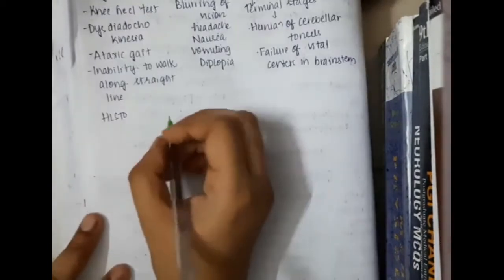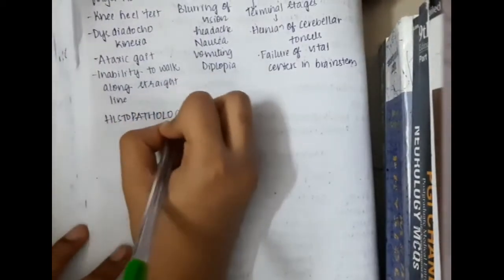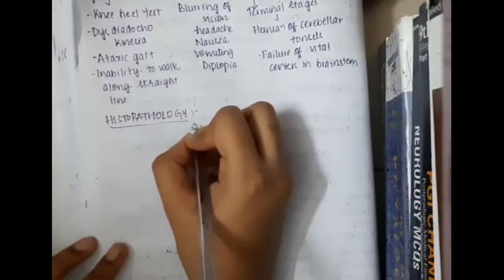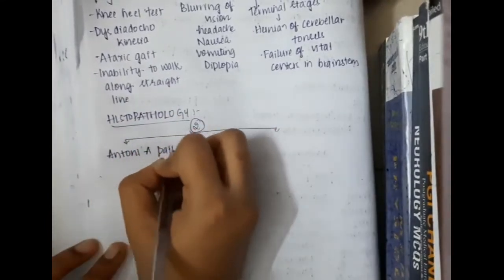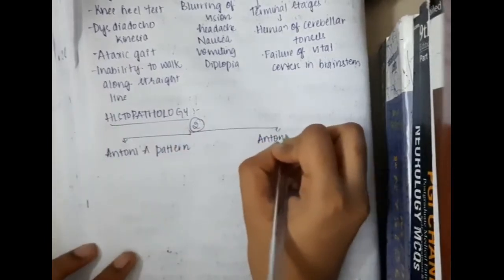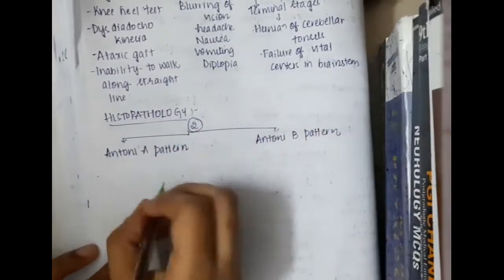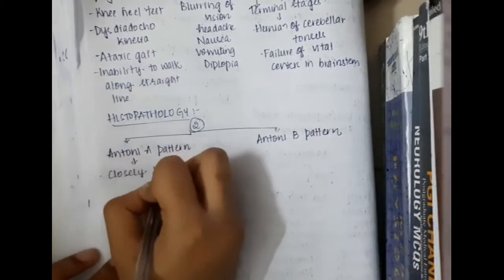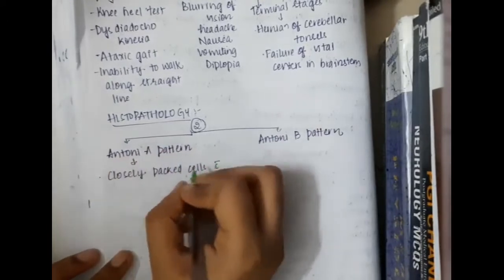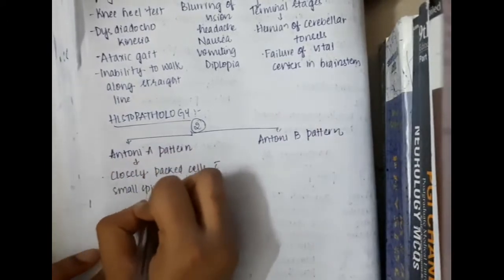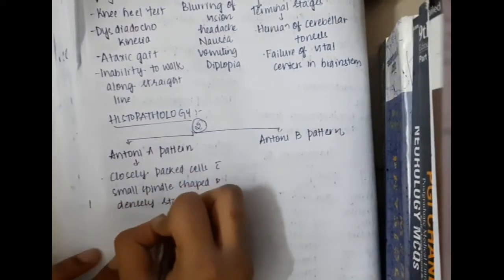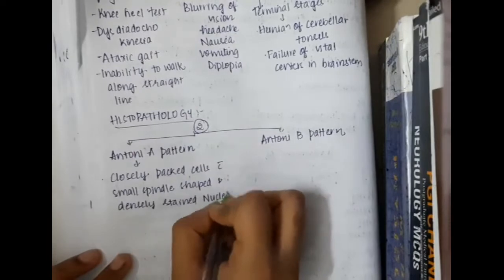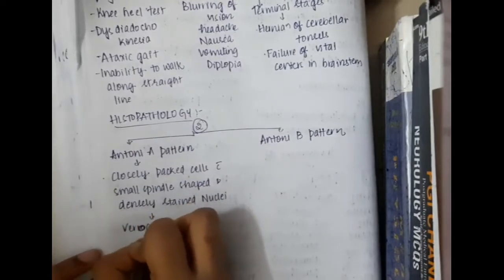Now if you see the histopathology of acoustic neuroma, you will see two patterns. One is the Antoni A pattern, and second is the Antoni B pattern. In Antoni A pattern, the cells are closely packed, with small spindle shaped and darkly stained nuclei.